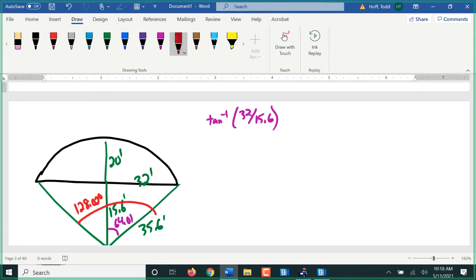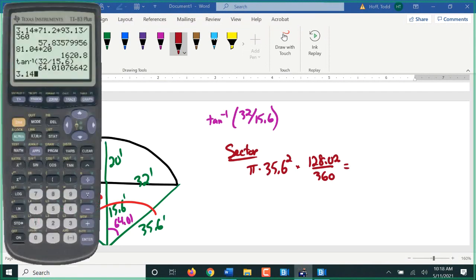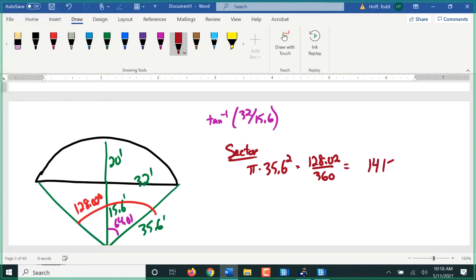So we'll find the area of the sector. Pi times the radius, 34.6 squared, times that angle of 128.02 over 360. That's $1415.16. That's going to be square feet.